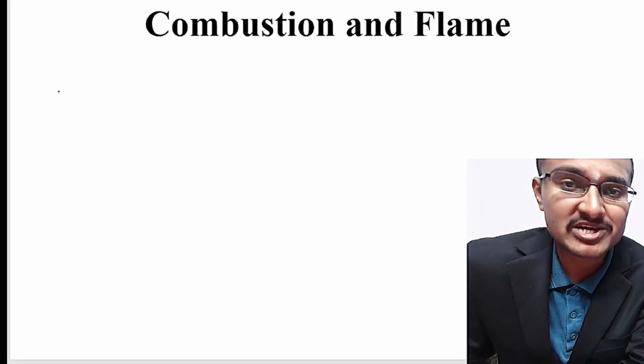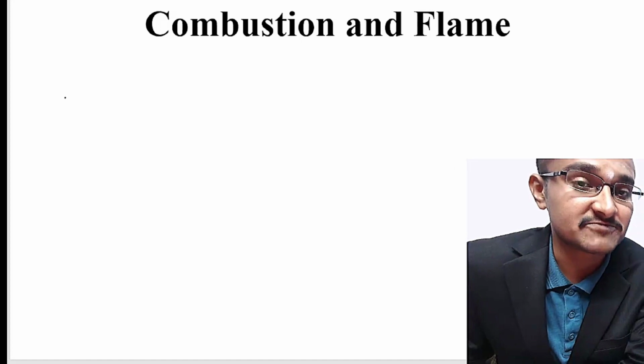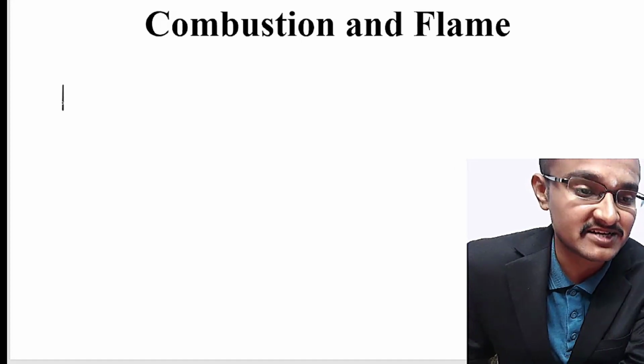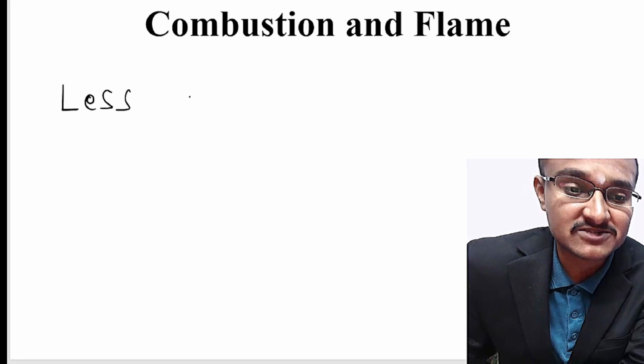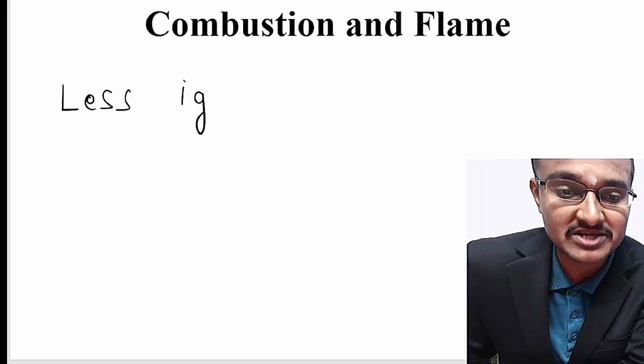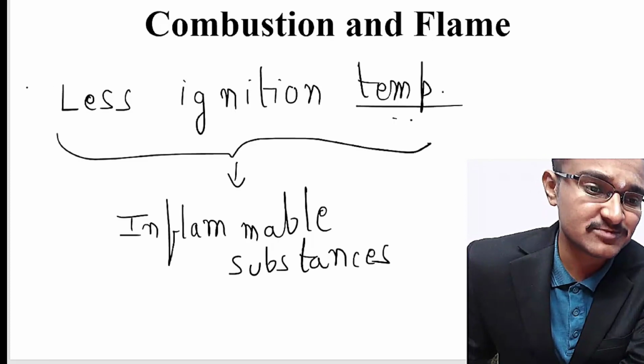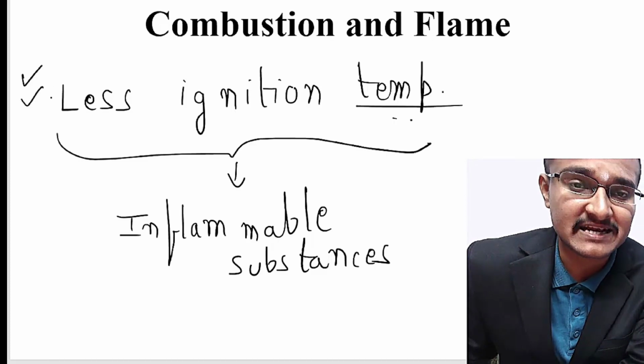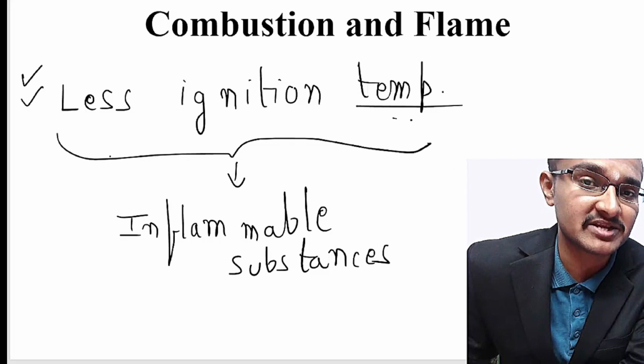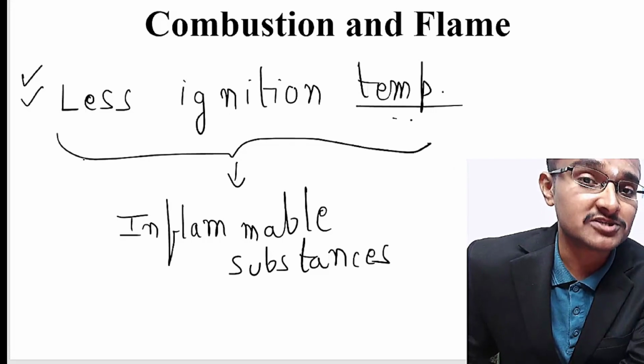So petrol, kerosene, diesel, all these kinds of substances have very less ignition temperature. The substances which have very less ignition temperature are known as inflammable substances. Because these products have very less ignition temperature, even a slight increase in temperature will cause fire, will cause combustion.